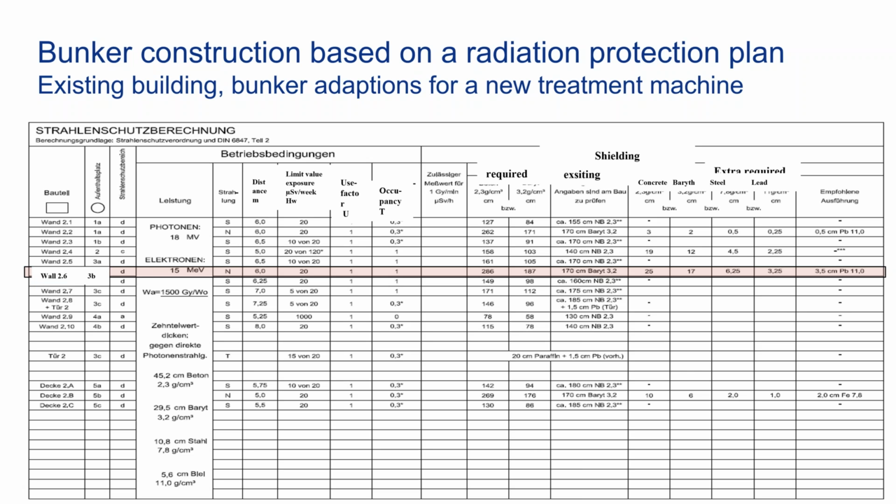At the end, because the space was limited, we decided to shield the primary area with 3 centimeter lead. The costs for this were very high and were not really expected at the time.